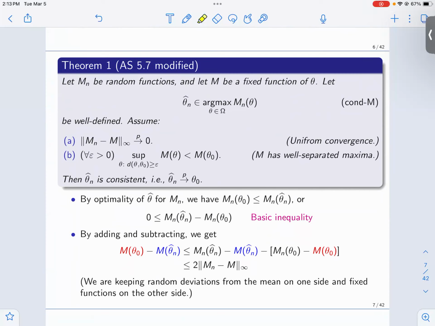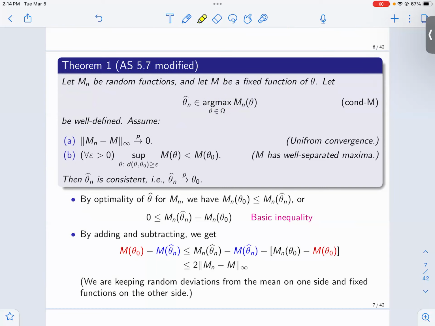It's saying, suppose we have a sequence of random functions. At this point, it doesn't even have to be of that particular empirical average form. So this sequence of random functions converges, and there is an M, which is a fixed function. So both are functions of theta. And I'll look at the maximizers of this M_n(theta) over the parameter space.